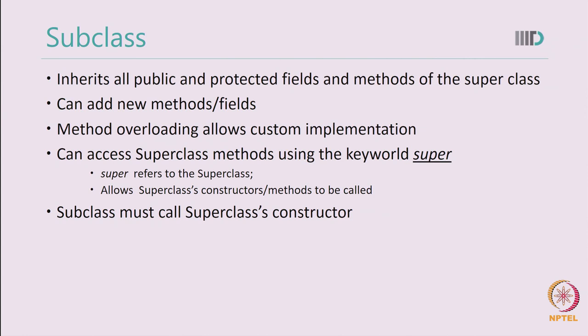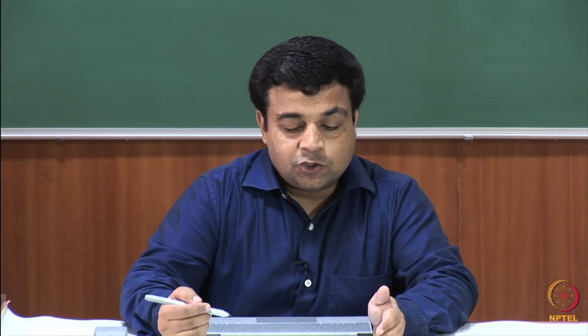We do something which is called method overriding, so that we can change the behavior of a method that has been defined in the superclass. Suppose the superclass has a method called getWheelsCount. Now a car has only 4 wheels, while a truck has more than 4 wheels.